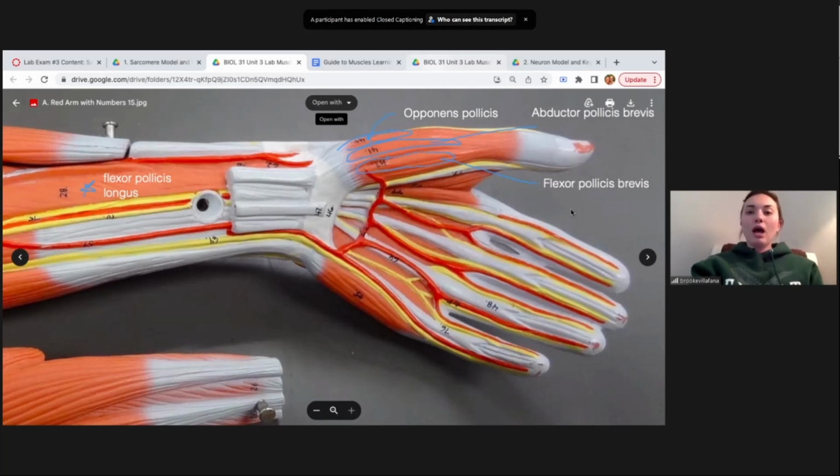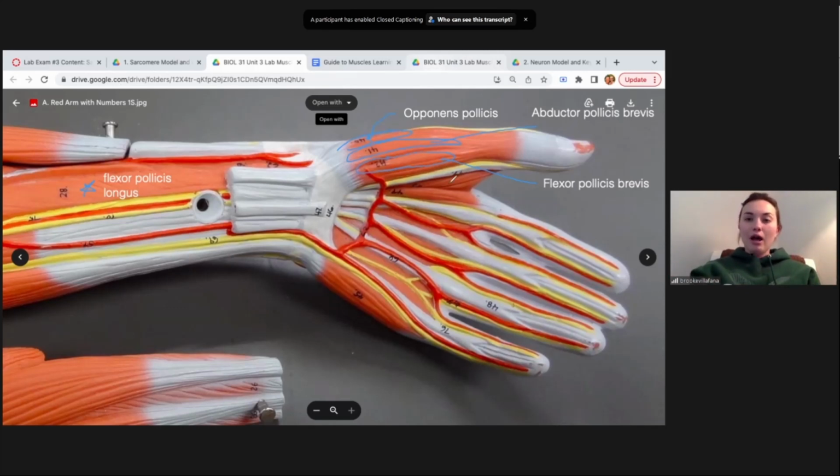Most of the time on the test, if you forget, one of the things I used to struggle with was whether this has longus or brevis after it. I always remembered that they came in pairs. With the exception of one muscle, for the most part, they always come in pairs. So if you see flexor pollicis longus, there's a flexor pollicis brevis somewhere else, right? Like these two are right next to each other.